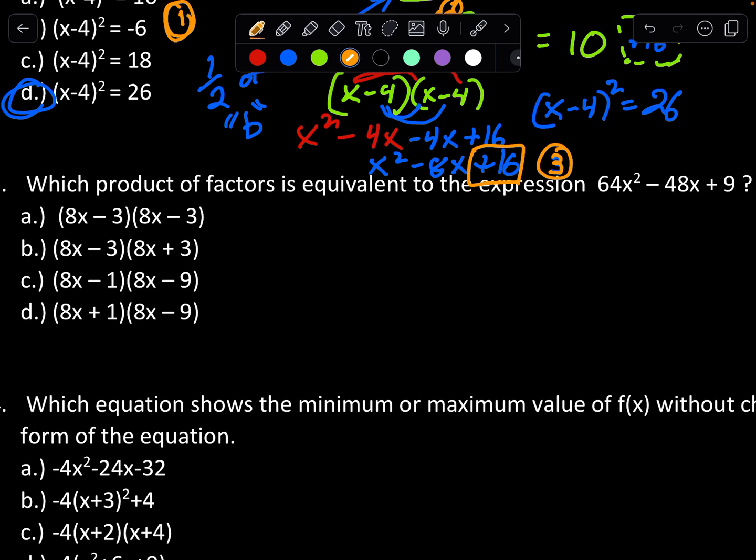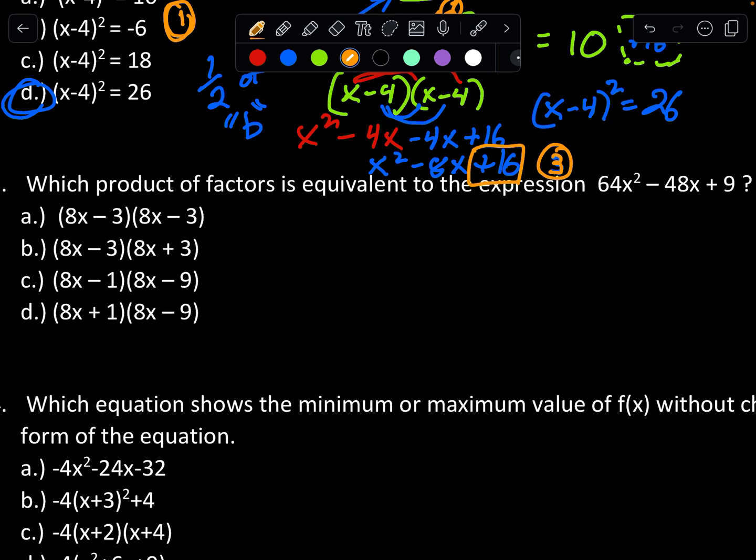Which product of factors is equivalent to the expression 64x squared minus 48x plus 9? I've got a series of answers here, and they all have 8x as my first term in the binomial factors. And then I got a choice of 3 and 3, or 1 and 9.